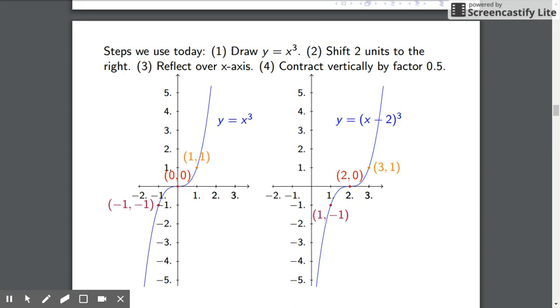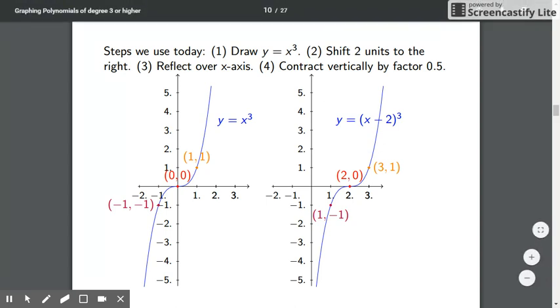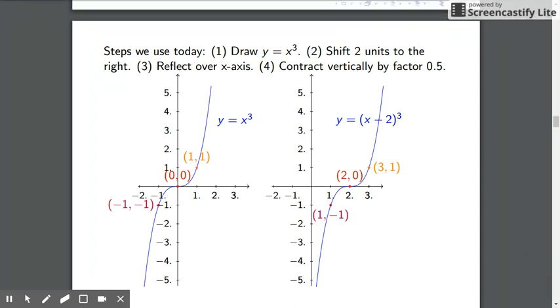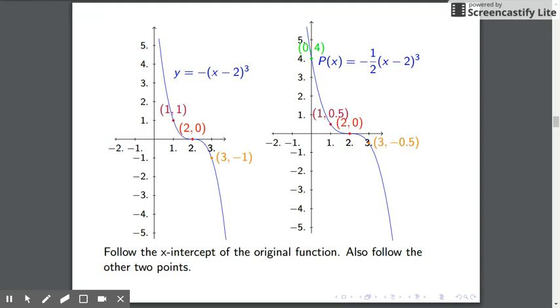Now, what else is left? I have to multiply this function by negative 1/2. So let's do that. The negative sign multiplied by the entire rule of the function makes a reflection over the x-axis.